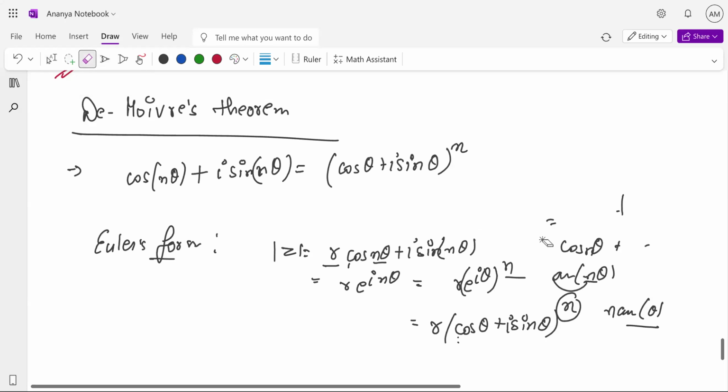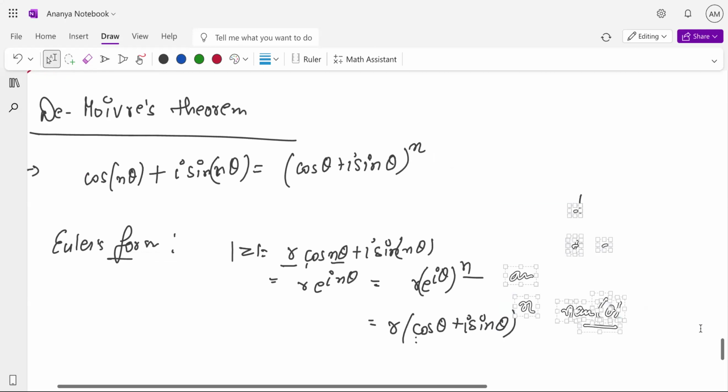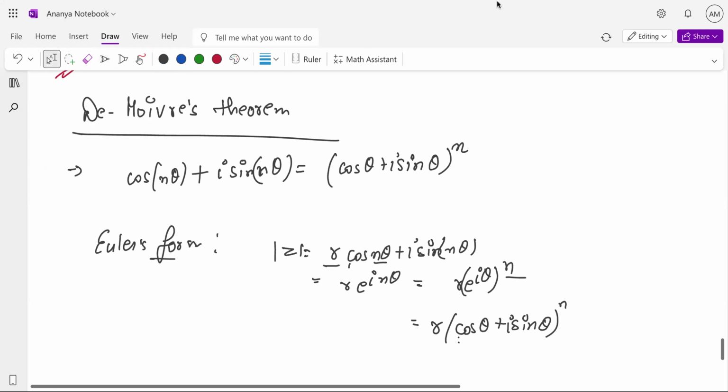Alright, so let me just remove this. So this is all about the short of De Moivre's theorem.